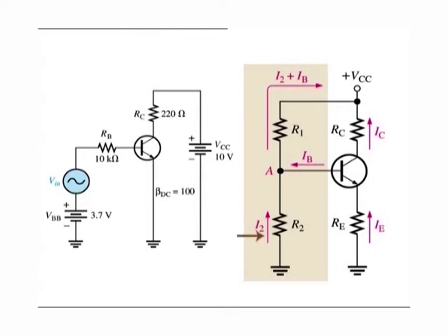VCC is the DC collector supply voltage. Two current paths are between point A and ground, one through R2 and the other through the base emitter junction of the transistor and RE. Generally, voltage divider bias circuits are designed so that the base current is much smaller than the current I2 through R2.